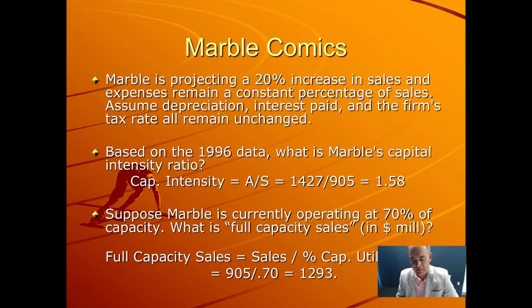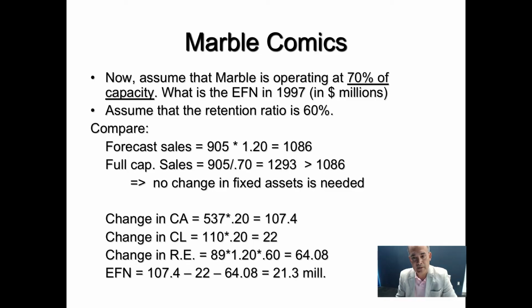Okay. So let's see. If Marvel is operating at 70% capacity, what are the external financial needs for the next year, I mean, for 1997, assuming that the retention ratio is 60%. The retention ratio is the complementary part of the dividend payout.